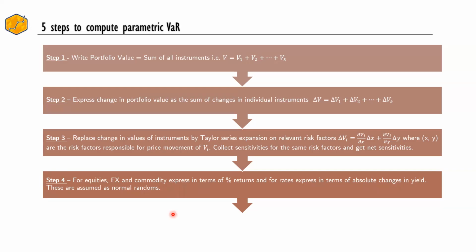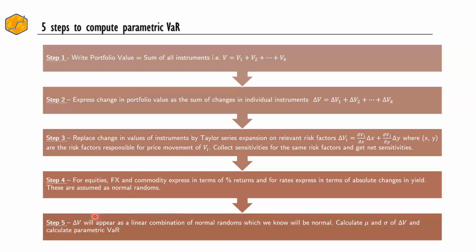And finally, last step, if you have done everything correctly, you will see that the total portfolio level PnL, or delta V, will appear as a linear combination of normal randoms. And we know for a fact that a combination of normal randoms is another normal random.